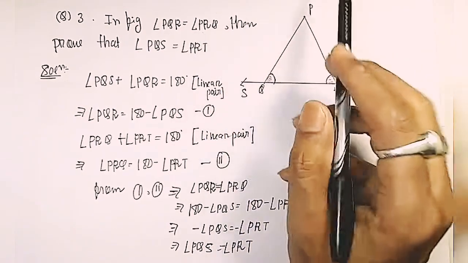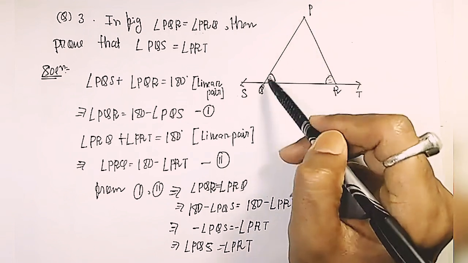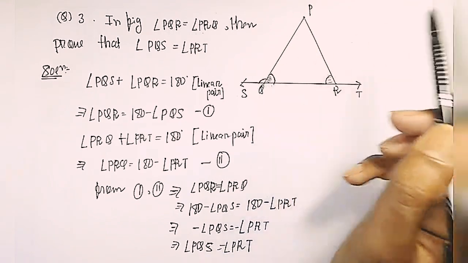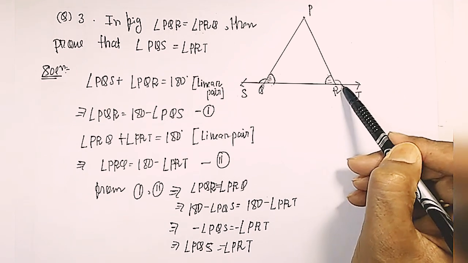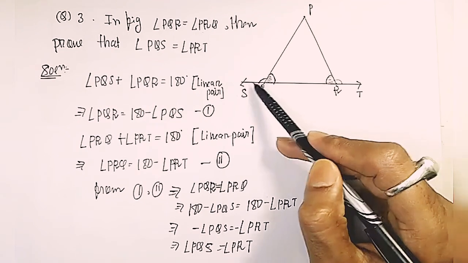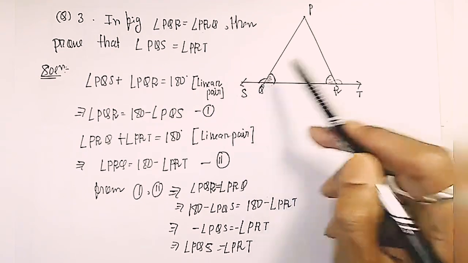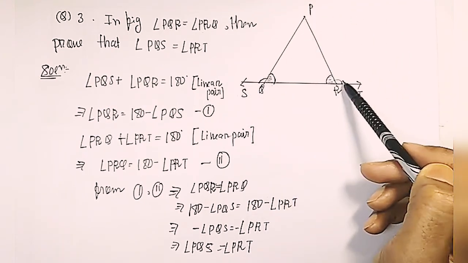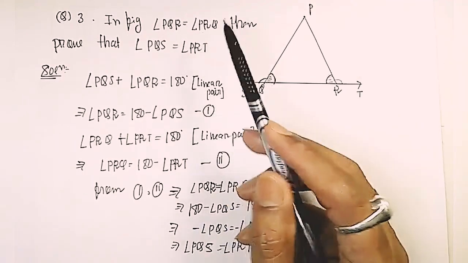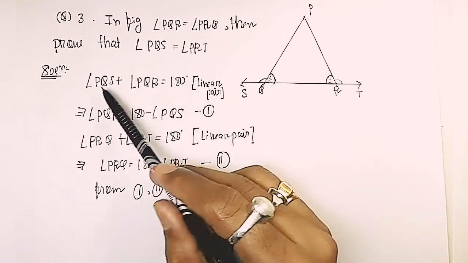Then prove that PQS, that means this angle PQS, is equal to PRT. So we have to prove that PQS, that means this angle, is equal to angle PRT, that angle. So let's move to the solution.